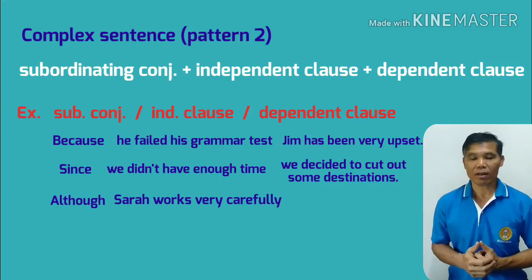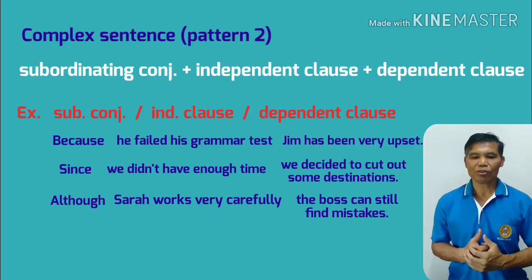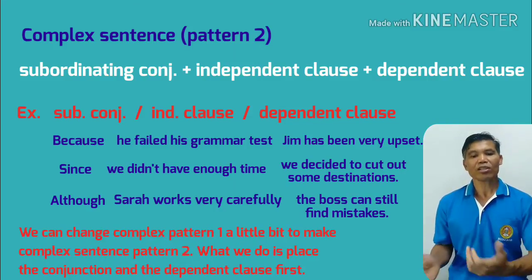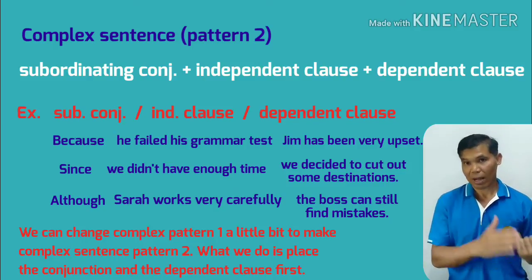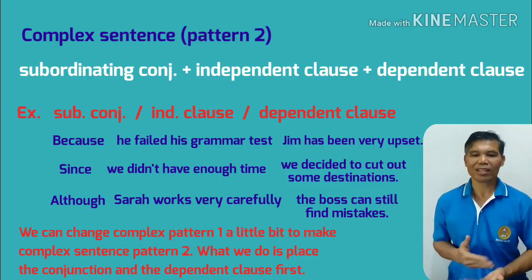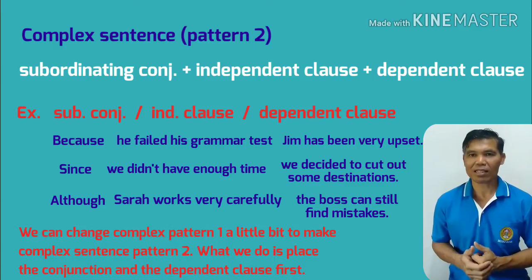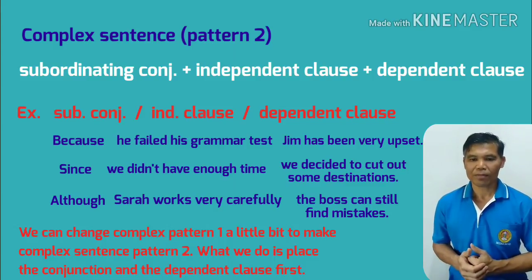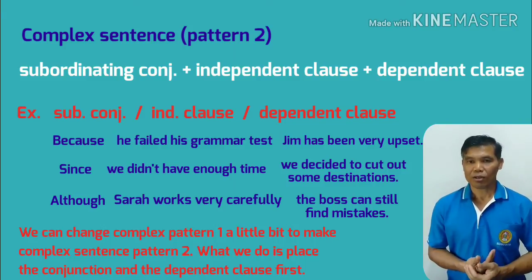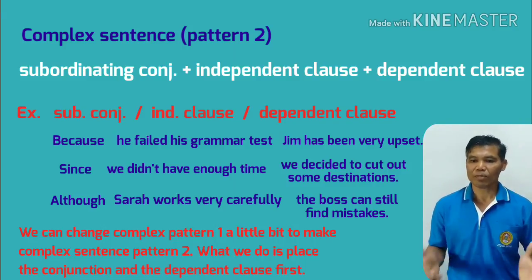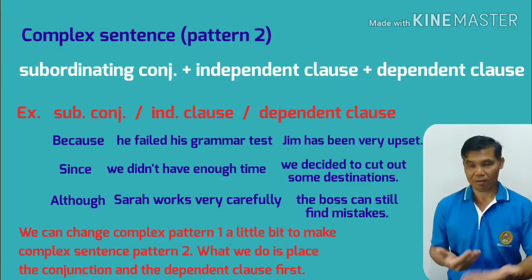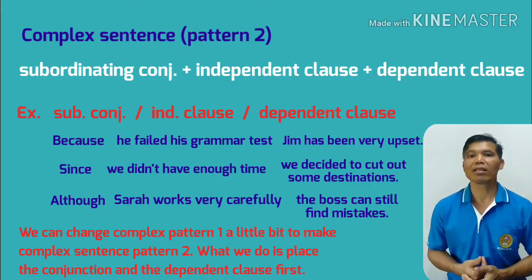Although Sarah works very carefully, her boss still can find mistakes. We can change complex sentence pattern 1 a little bit to make complex sentence pattern 2. We do this by placing the conjunction and the dependent clause first, and we come up with the second pattern.